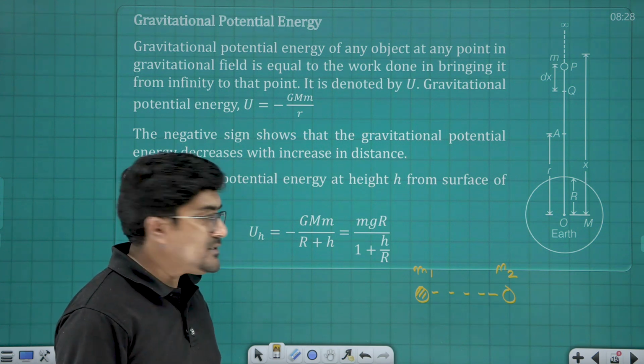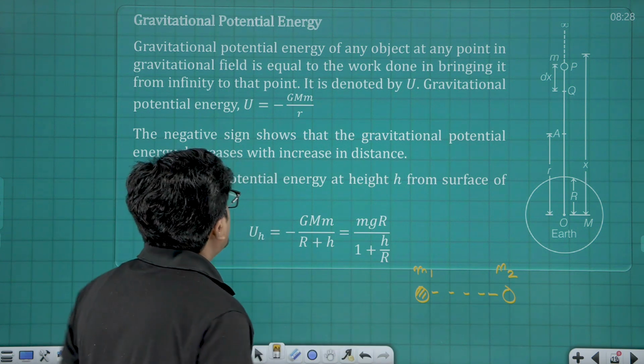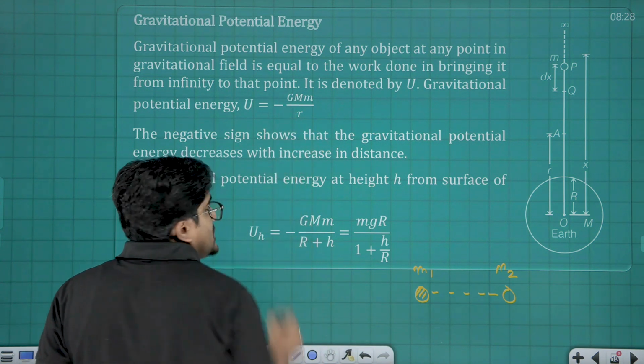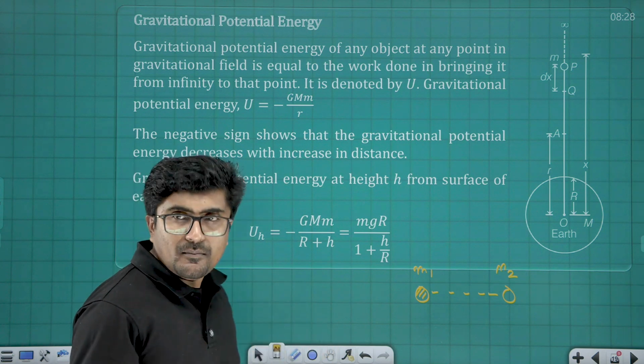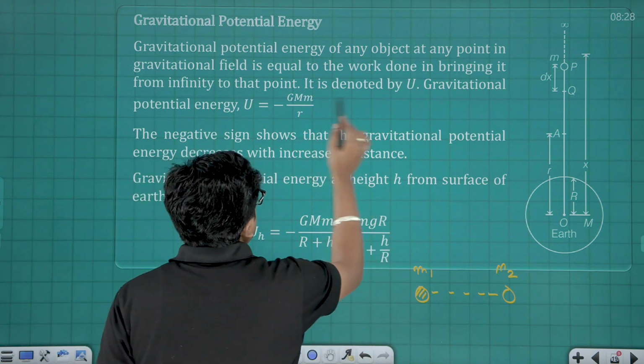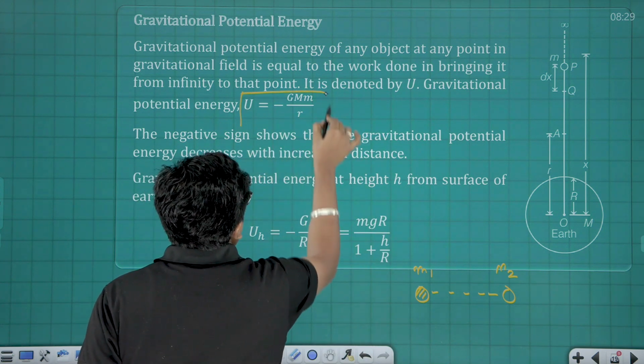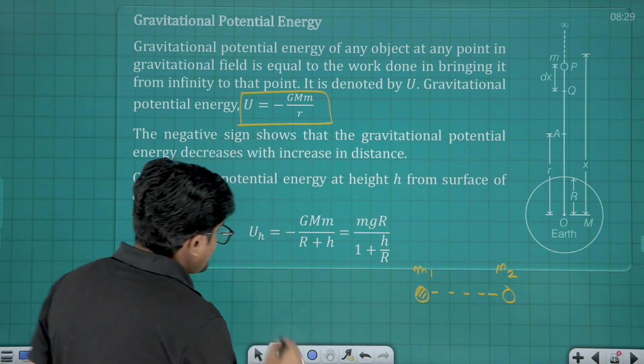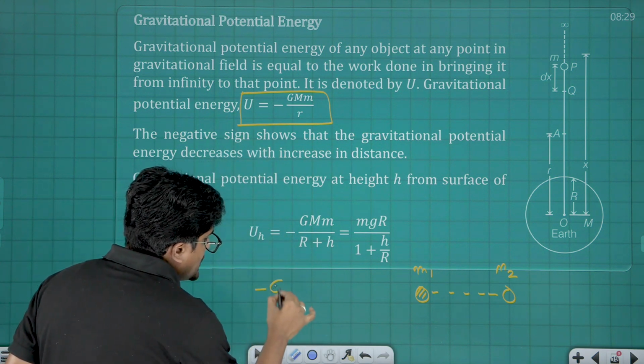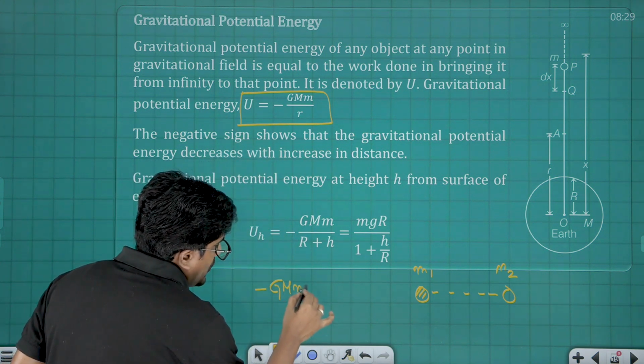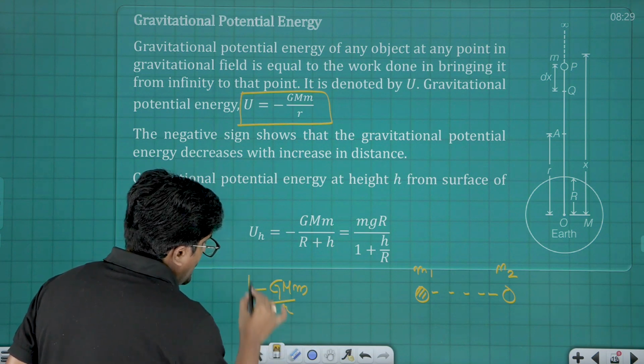Gravitational potential energy of two mass system. So here we are considering Earth and some other mass, alright. So in that condition, the work done is going to be minus of G capital M small letter m upon R.